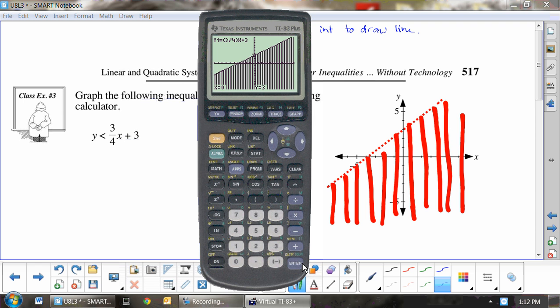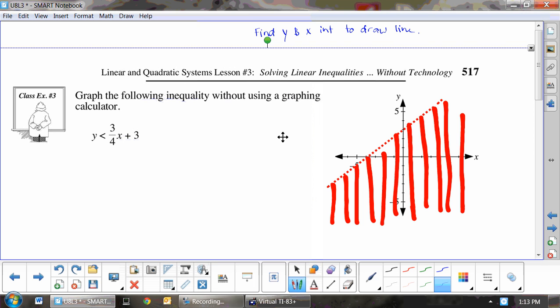Then you go up 3 over 4. Okay, 3 over 4. Coming up 3, go over 4, draw your point, you're done. Exactly.